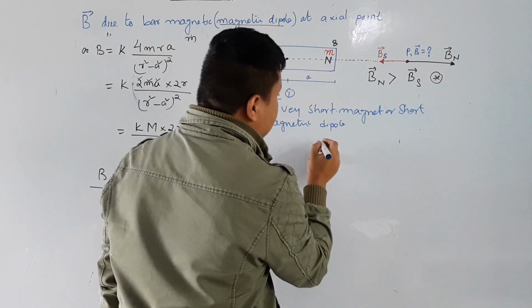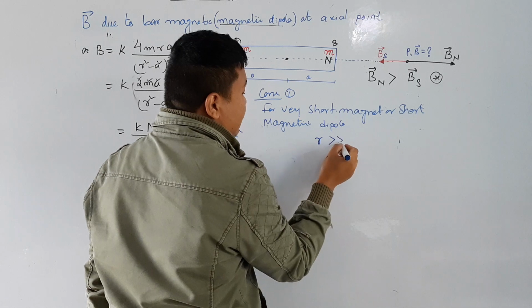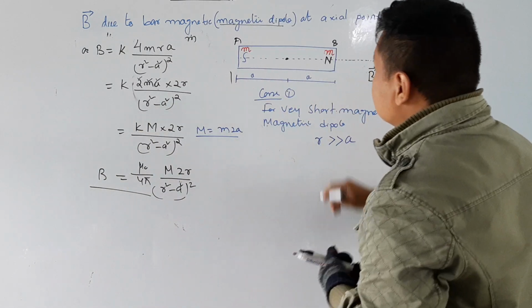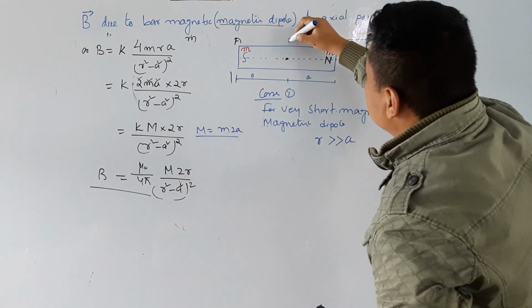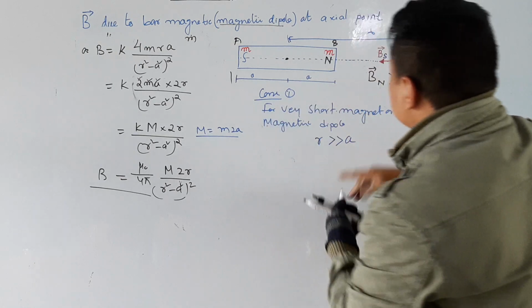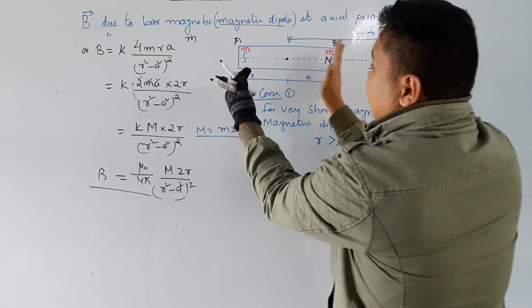This distance was my R. This R is much greater than A, because the magnet has become very short.